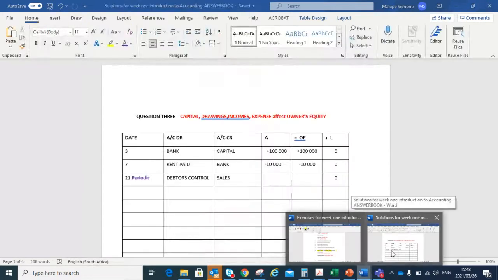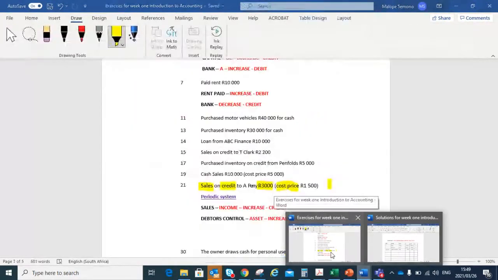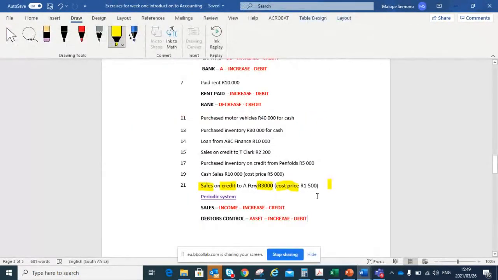So I must put plus 3,000, plus 3,000. Can you see? That's easy like that, ladies and gentlemen. Remember, under periodic, we only show sales. Here they also gave us cost of sales, or cost price.